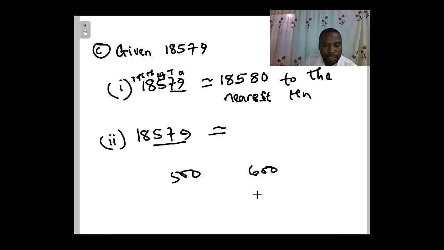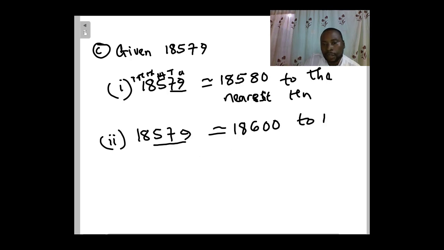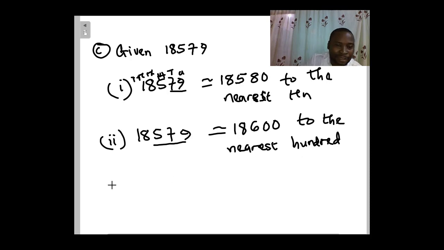So I'm closer to 600 than I am to 500. I write 18, and in place of 579, I replace it with 600 to the nearest 100. It's very simple and self-explanatory.